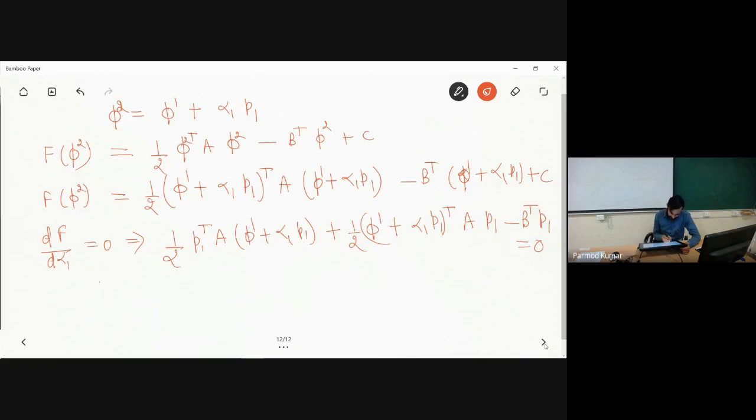So I can write alpha 1 P1 T A P1, plus the other terms, P1 T A phi 1 plus phi 1 transpose A P1, minus B T into P1 equal to 0.